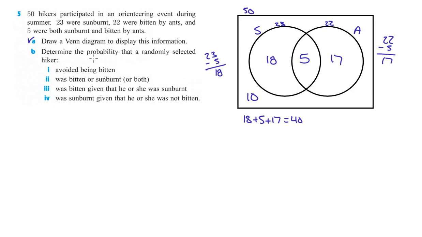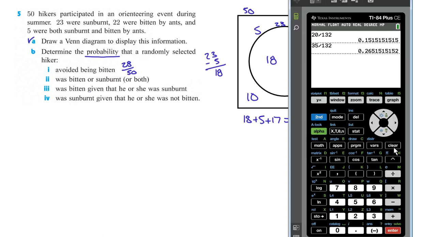Okay, so part B, determine the probability that a randomly selected hiker avoided being bitten. Okay, so the only ones that were bitten by ants were these 5 and so these 22 people, right? So the other 18 and 10, the other 28 did avoid being bitten. So 28 out of the total of 50. So let's bring our calculator up here and come up with that.